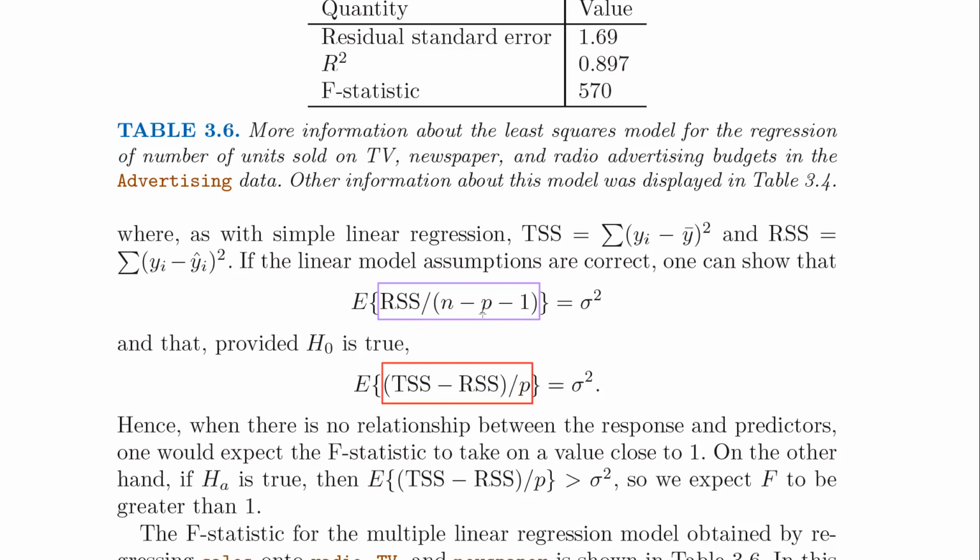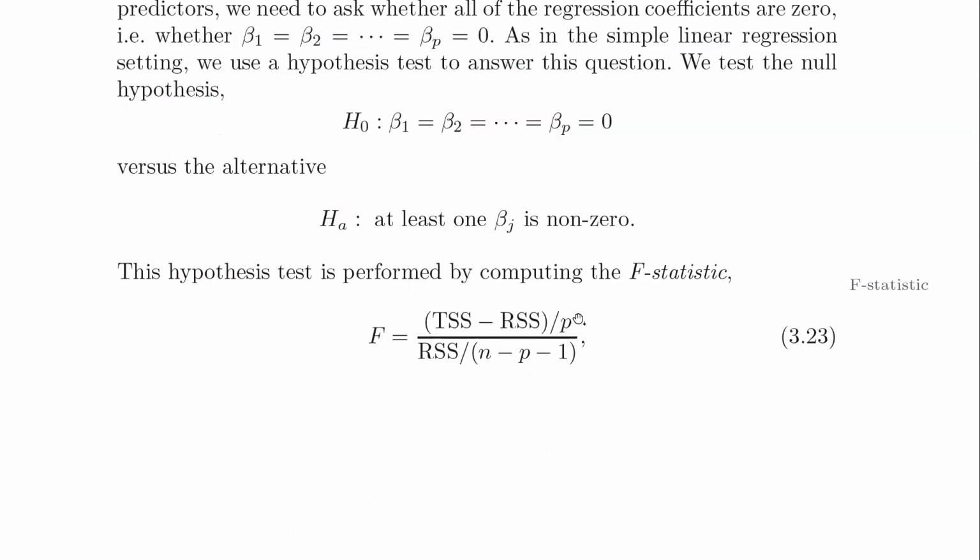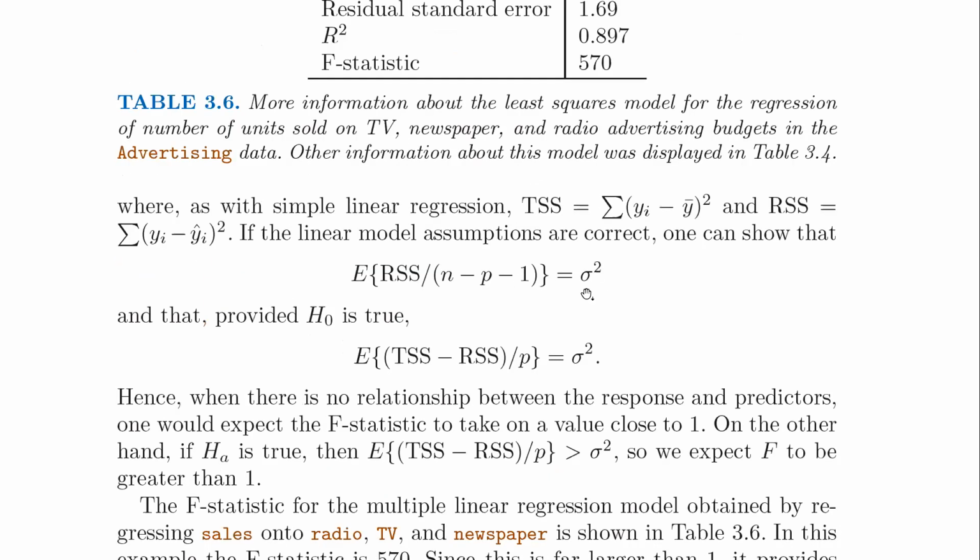Let's just take the book at its word. This is probably quite an easy way of deriving these. And then notice they are the numerator and the denominator of this calculation over here. So you would always expect that the expectation of the numerator is equal to sigma squared if H naught is true.